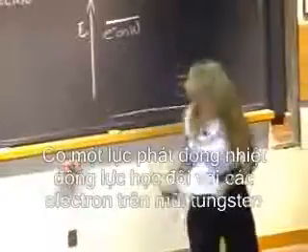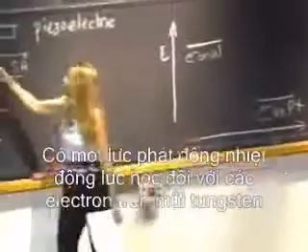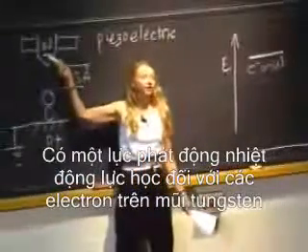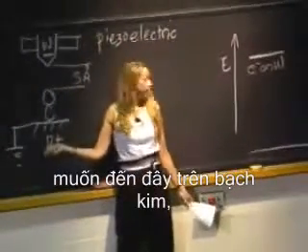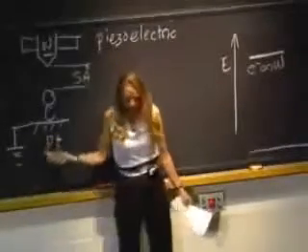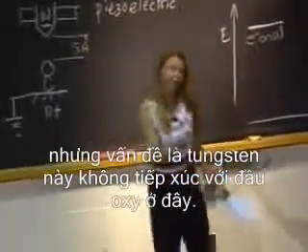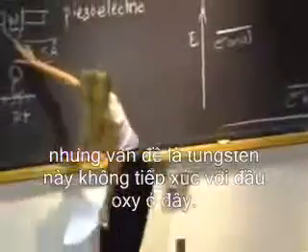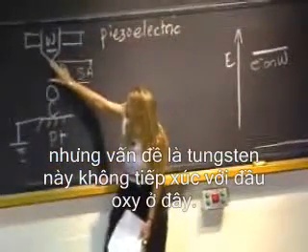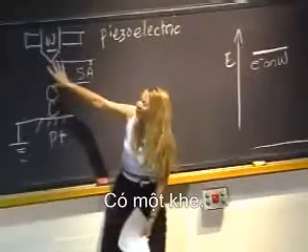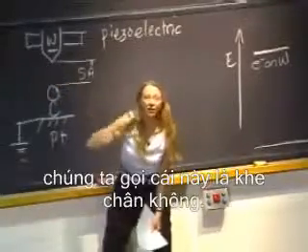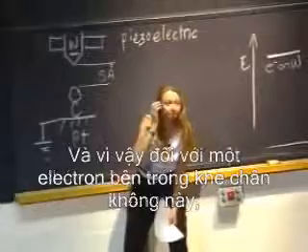All right, so there's a thermodynamic driving force for the electrons on the tungsten tip to want to be here on the platinum. Okay, but the problem is that this tungsten is not in contact with this oxygen end here. There's a gap. And if this is in a vacuum, we call this a vacuum gap.